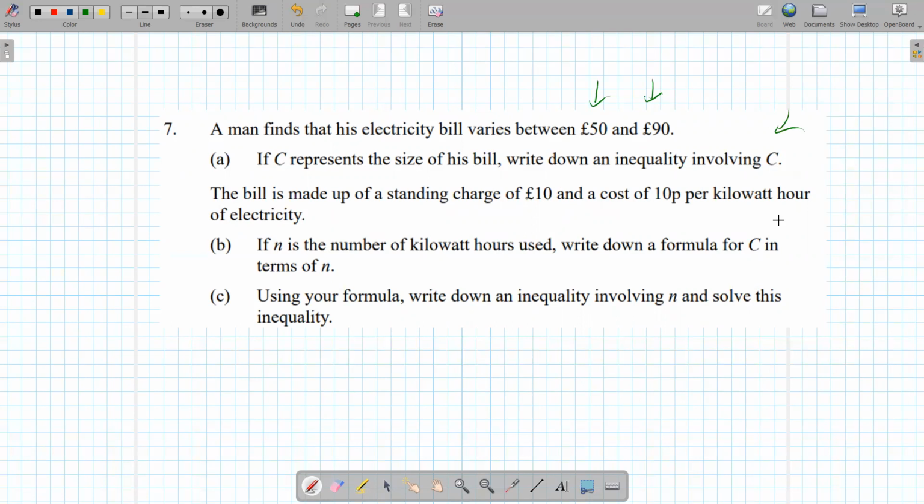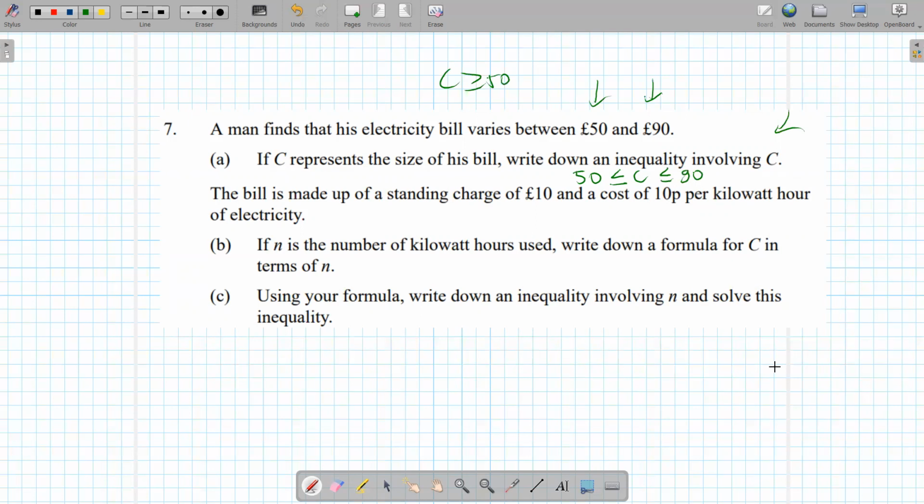C is greater than or equal to 50. I mean, that's not wrong, but it has an upper bound as well. So start with the lower bound, it's 50, less than or equal to C, less than or equal to 90. So 50 lower bound, C is in the middle, and upper bound 90, and that's it.